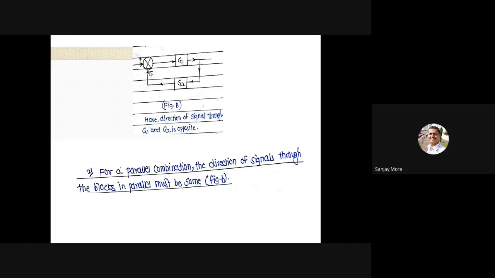Okay. For a parallel combination, the direction of signal through the blocks in parallel must be the same.